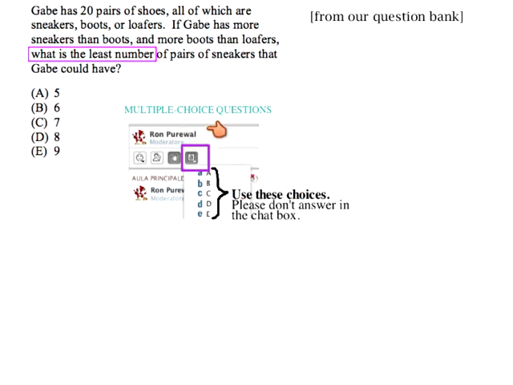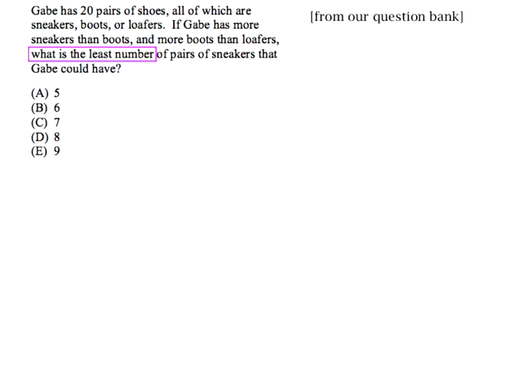Wherever your name is above the other names, if you find this letter A here, you should see options A through E. It's pretty clear when they're asking a question that it's about what is the smallest or biggest value of something. So in this case, we want to minimize.